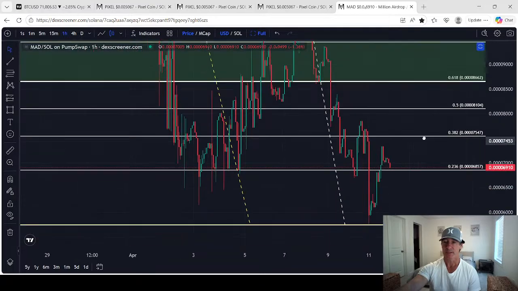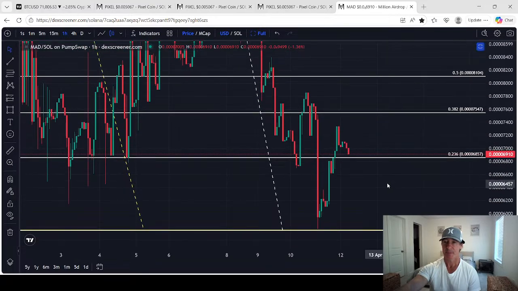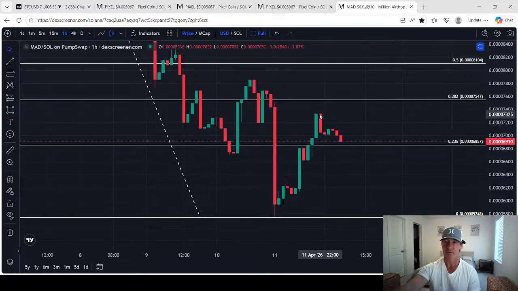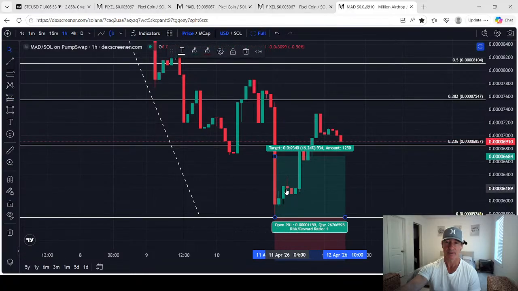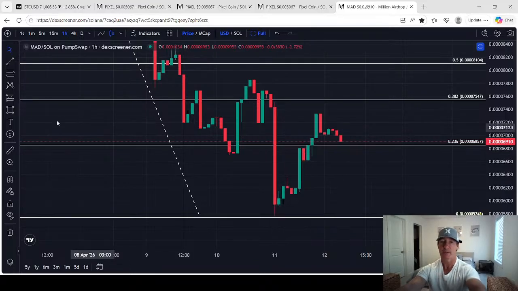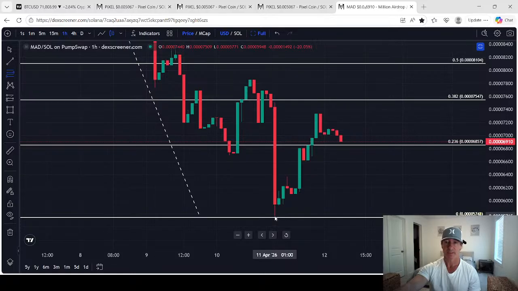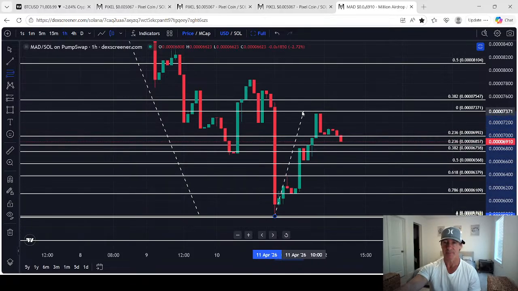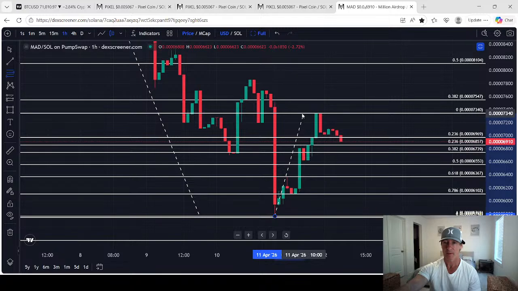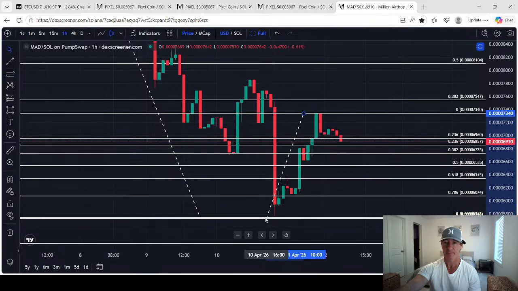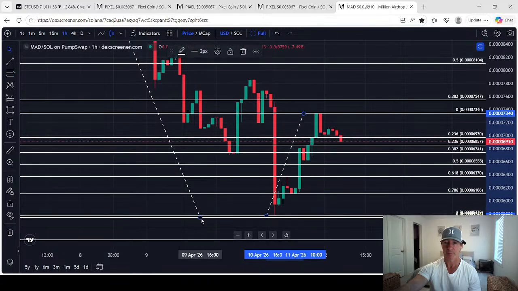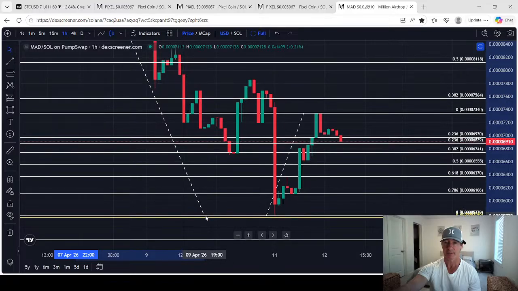Now if we're looking for the downside targets, go from this recent top that we've had. Oh, whoops, wrong one. So from this low, this recent top right here, zoom this one, bring this one up a little bit. Get the bottom.